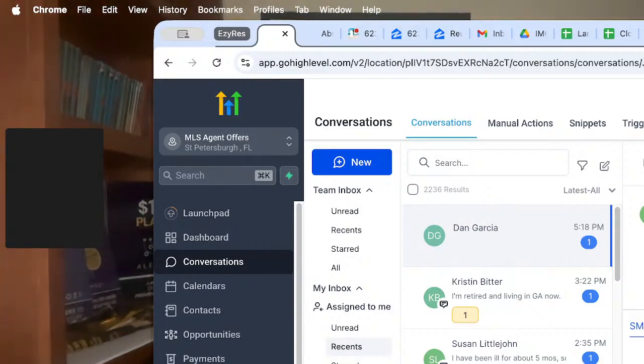How do I get this to work properly? This is such a weird thing. How the freak do I do this? Okay.